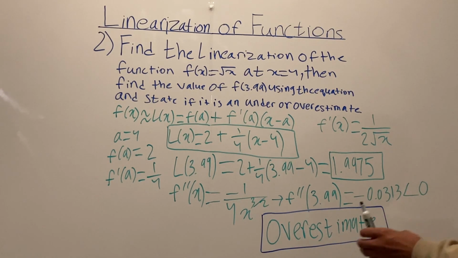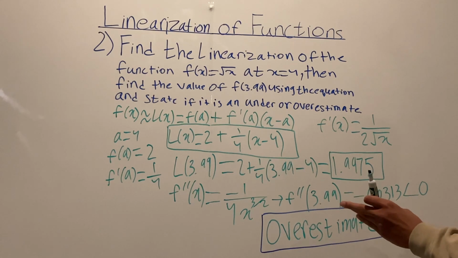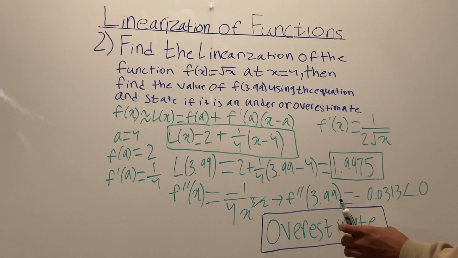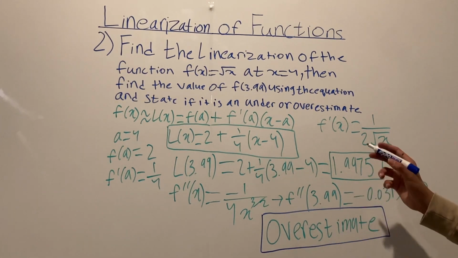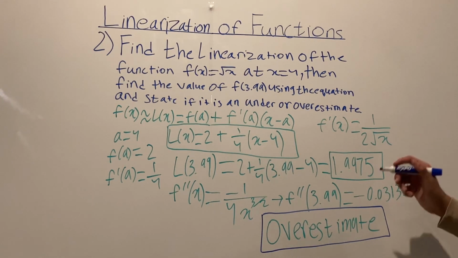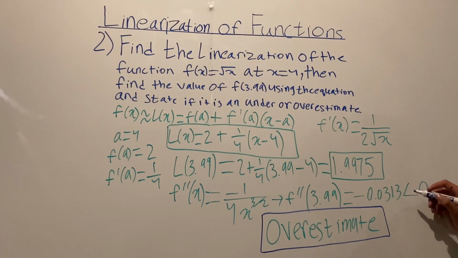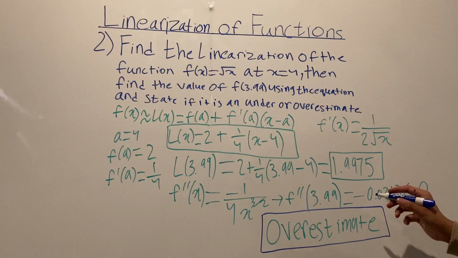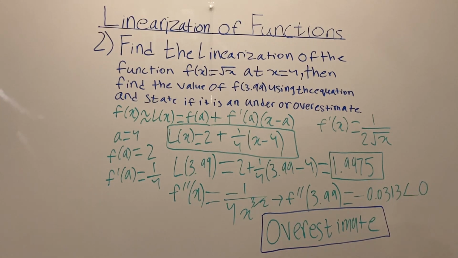That's because when f double prime of x is greater than 0, the concavity is up, and the tangent line is going to be below the graph. But if the second derivative is less than 0, the concavity is going to be down, and the tangent line is going to be above the graph, so it's going to be an overestimate.